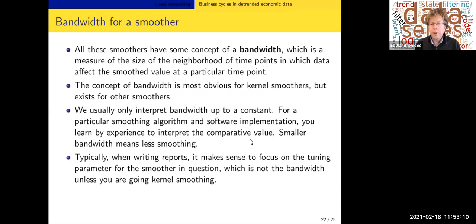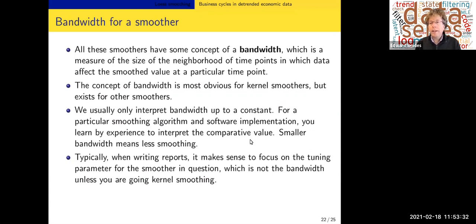We usually only interpret bandwidth up to a constant. Generally, the larger the bandwidth, the larger the neighborhood you're smoothing over. Smaller bandwidth means less smoothing, so a more bumpy estimate of the expected value.